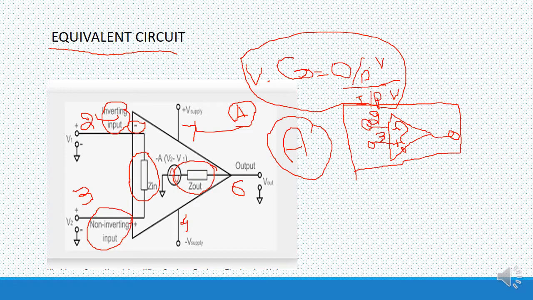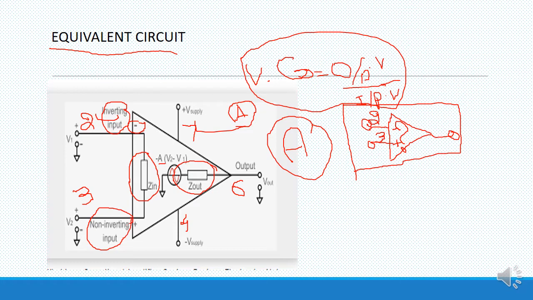Because we have not connected any feedback to this circuit, so it is an open loop. After connecting the feedback, the circuit you are getting is called closed loop, and the gain from that circuit is called the closed loop gain.